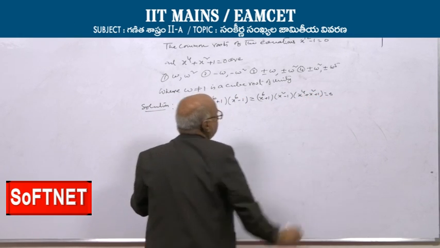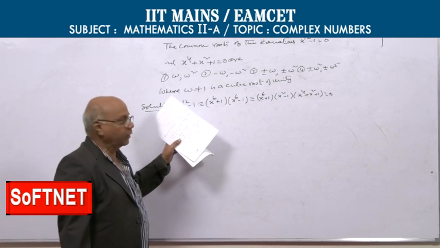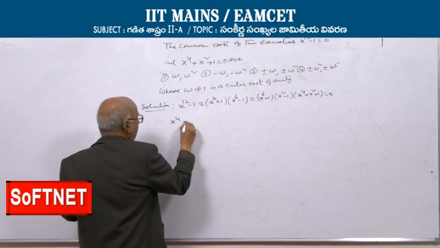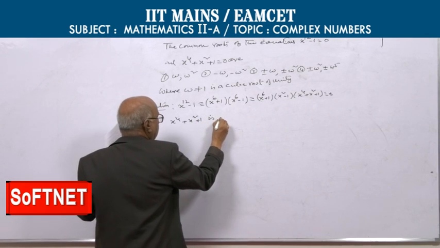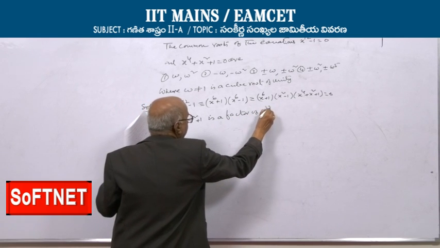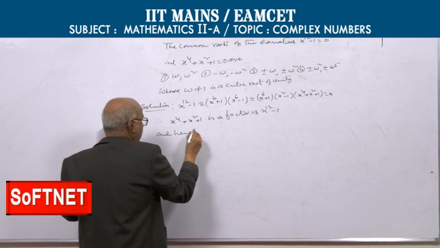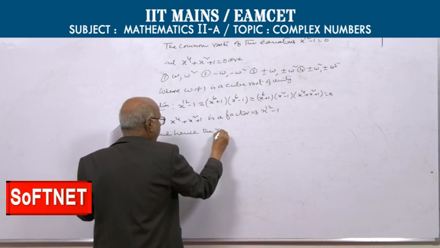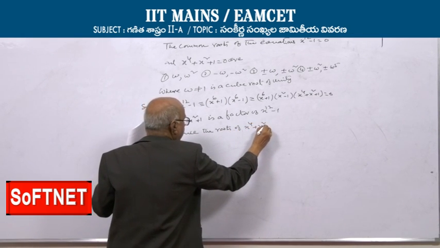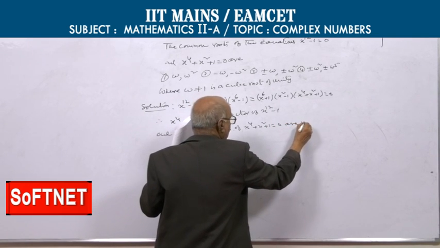So x power 4 plus x square plus 1 is a factor of x power 12 minus 1, and hence the roots of x power 4 plus x square plus 1 equal to 0 are the common roots.